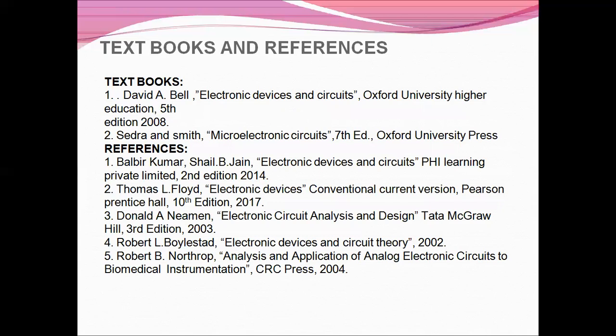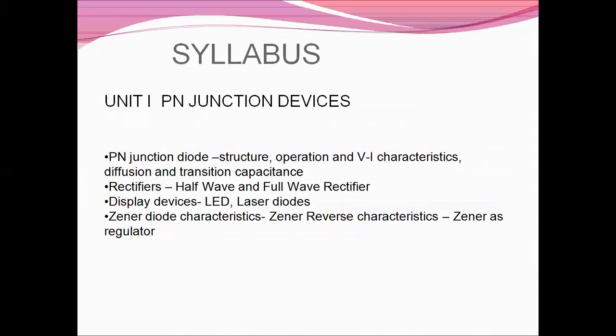These are the textbooks and references we are going to refer to for the subject. In the first unit, you will have PN junction devices. In that you will cover the PN junction diode, its structure, operation and VI characteristics, diffusion and transition capacitance.